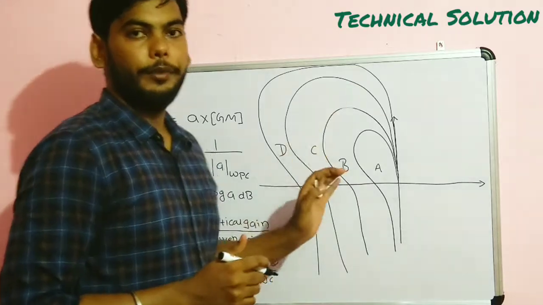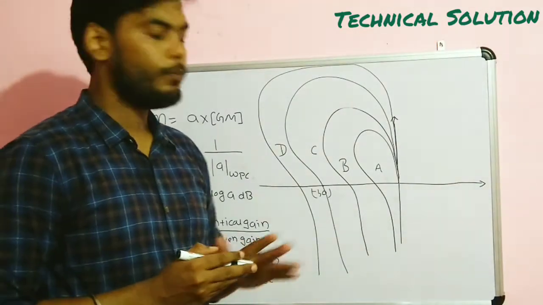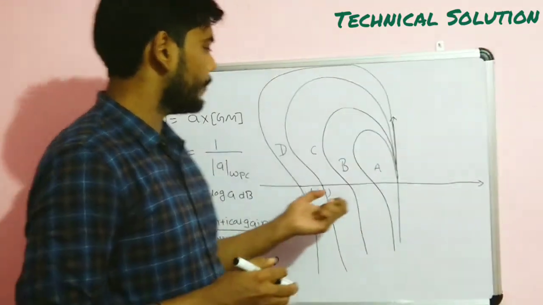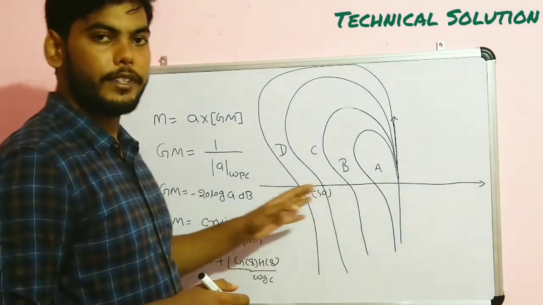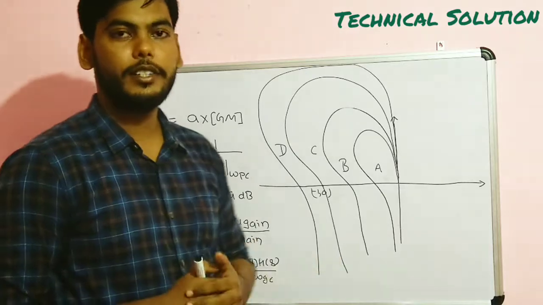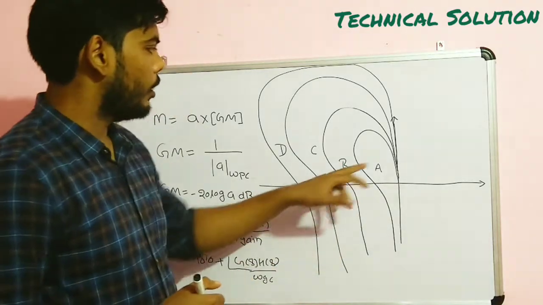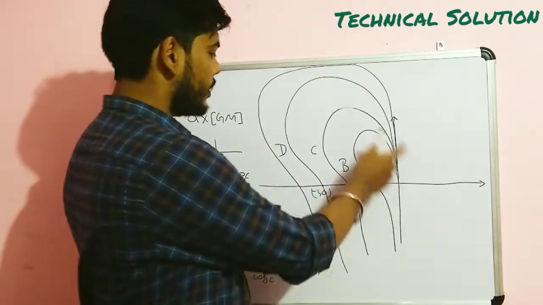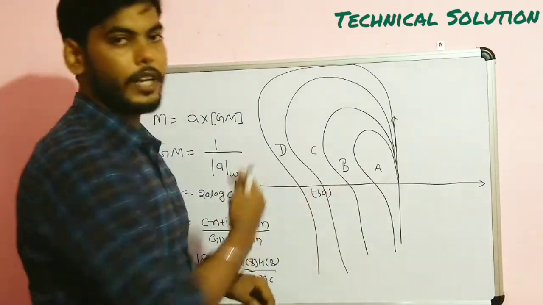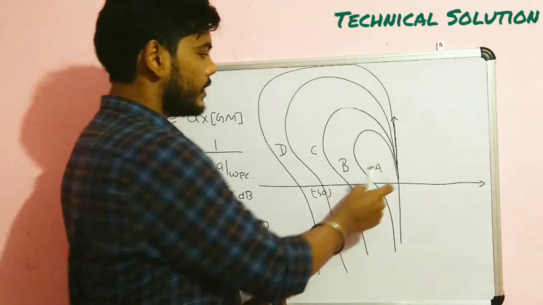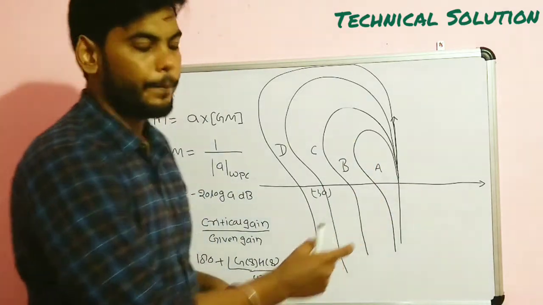In a polar plot, stability is determined as follows: when the reference point lies to the left side of the polar plot, the system becomes stable. For system A, the reference point lies to the left side of the polar plot, so system A is stable.